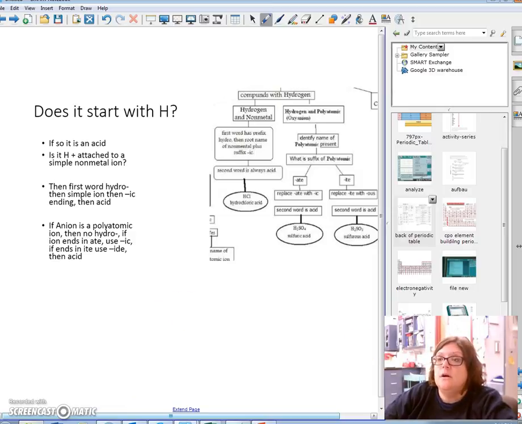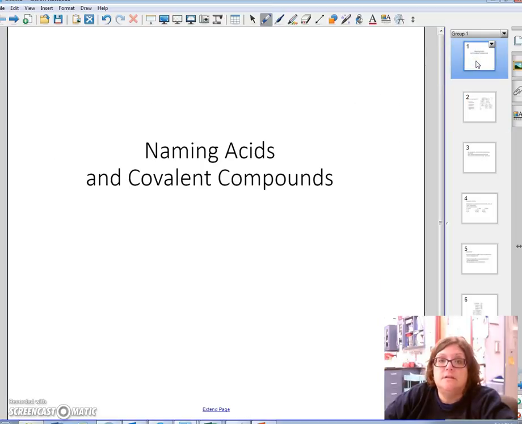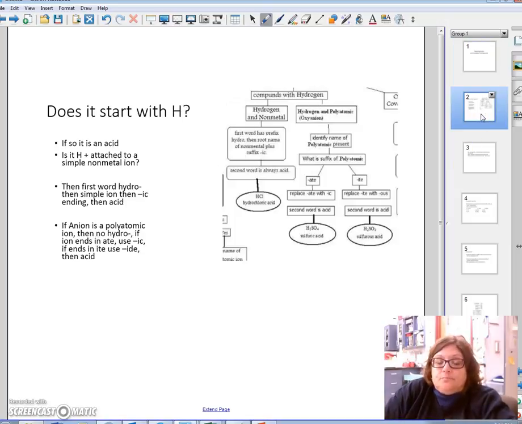We are going to be talking about naming acids and covalent compounds. Now, acids technically are all covalent compounds. They are not ionic, although the 6 strong acids do dissociate in water. So we'll start with acids.